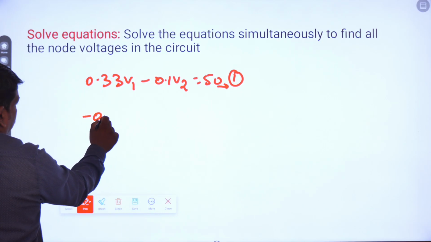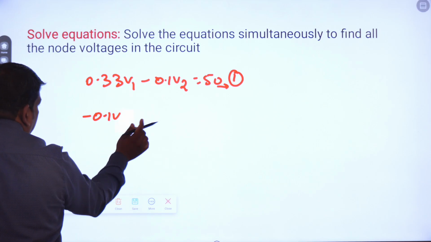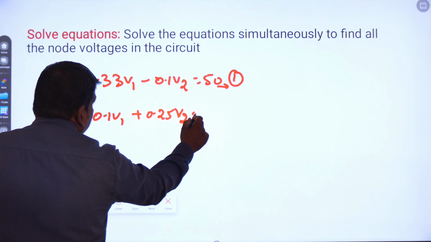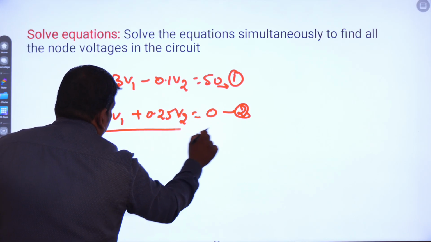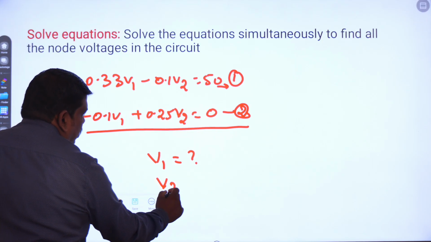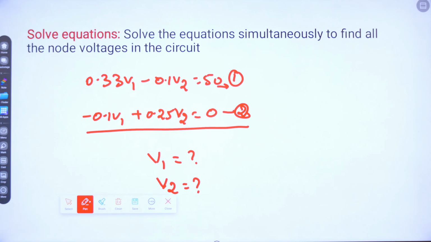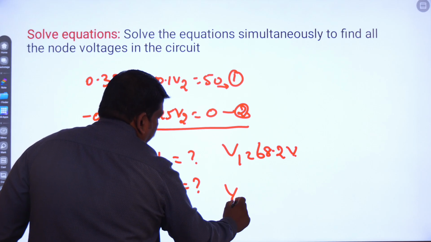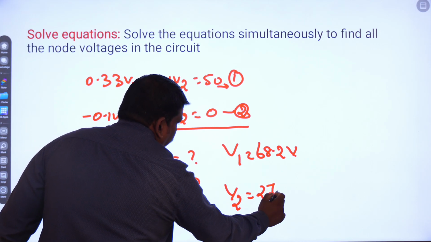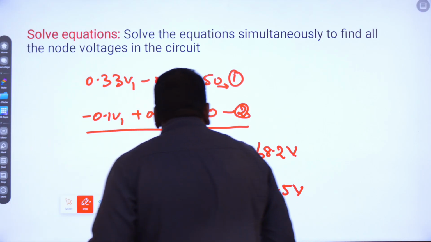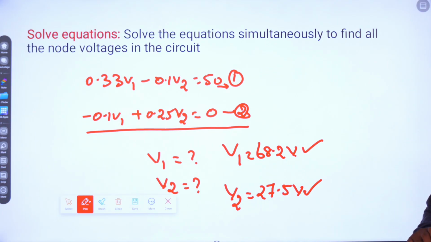And next one, minus 0.1 V1 plus 0.25 V2 is equal to 0, second equation. By solving these two equations, we can identify your V1 as well as your V2. After solving these two equations, we will get V1 is equal to 68.2 volts and your V2 is equal to 27.5 volts. This is the final solution, the node voltages for your given electrical circuit, V1 as well as your V2.